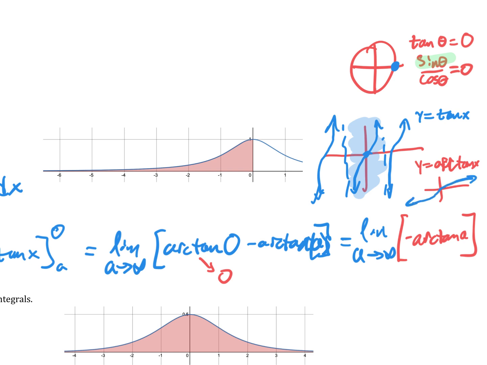It's just that middle one flipped over. As x goes to negative infinity, what's happening to this y value? It actually has a horizontal asymptote because it's this graph flipped over. What is that horizontal asymptote going to be? It is negative pi over 2.